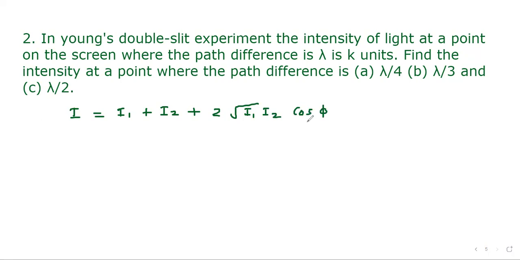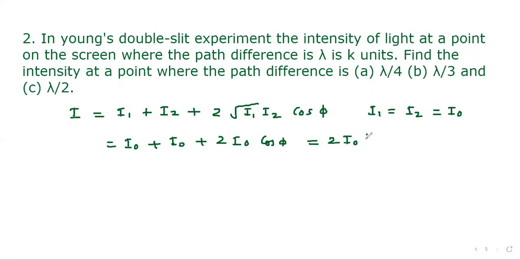Here, if we assume that I0 is the intensity of either source, then I1 equal to I2 can be written as I0. So this will become I0 plus I0 plus 2I0 cos phi. So this will become 2I0, and 2I0 can be taken common, with 1 plus cos phi left. And if you remember the formula of cos 2 theta, that gives 2 cos square theta minus 1.